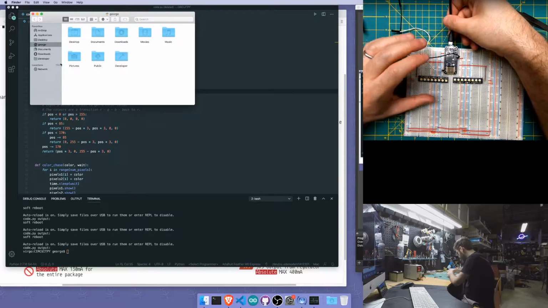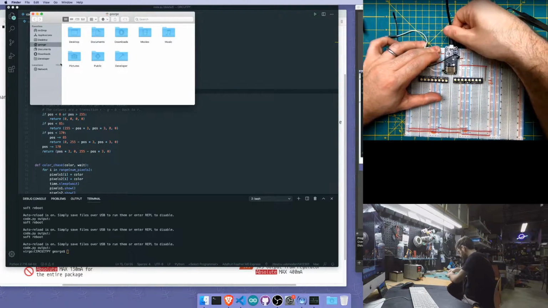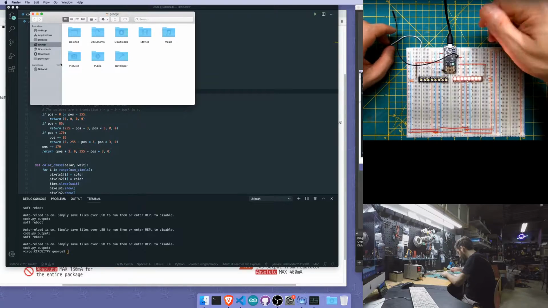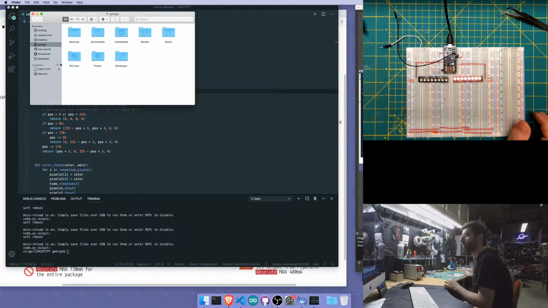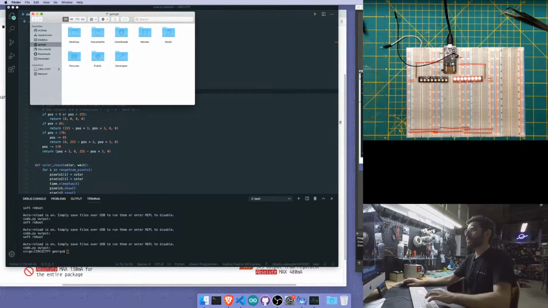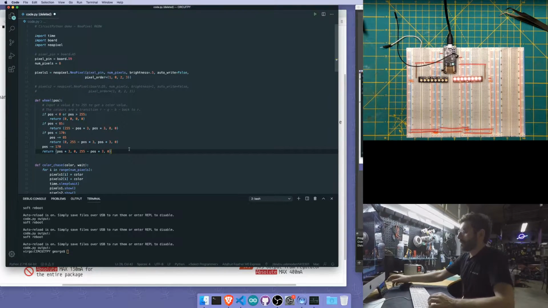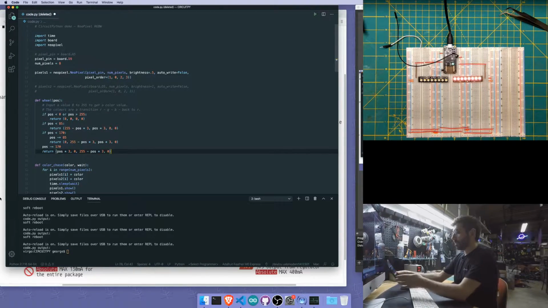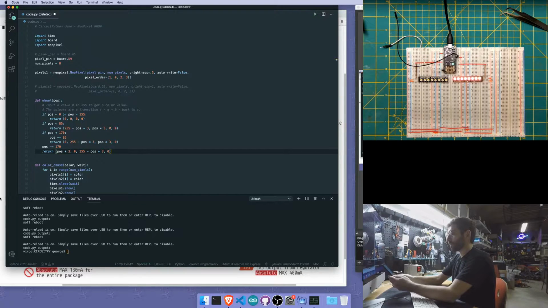So one of these strips is a warm white and one is a cool white. So let's see if there's a difference in the way that they look.